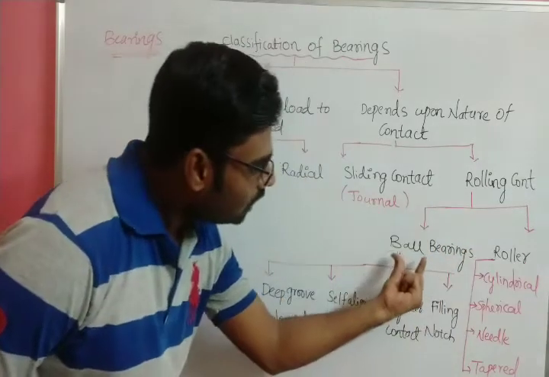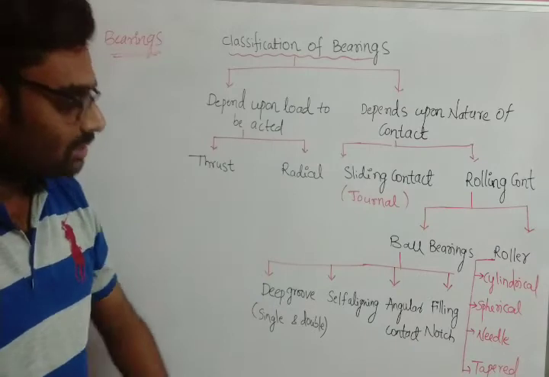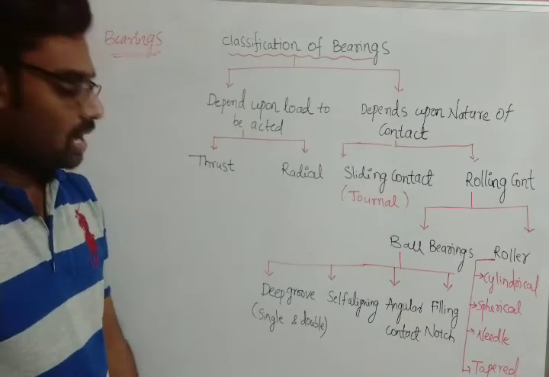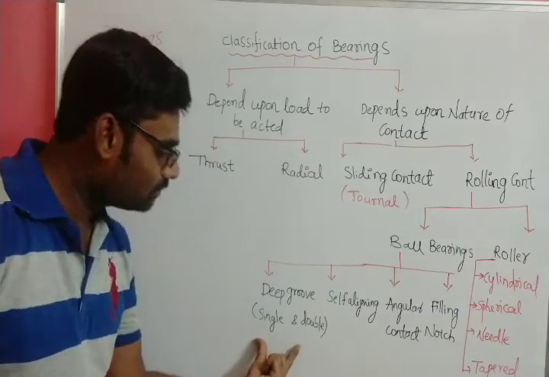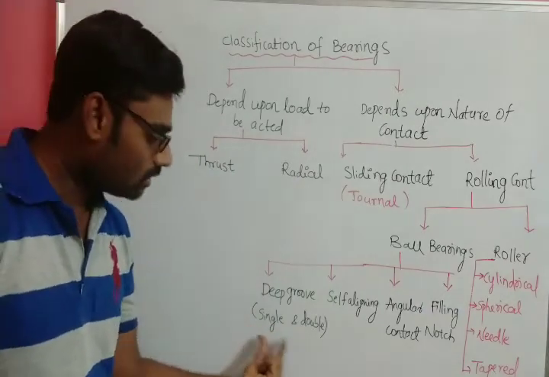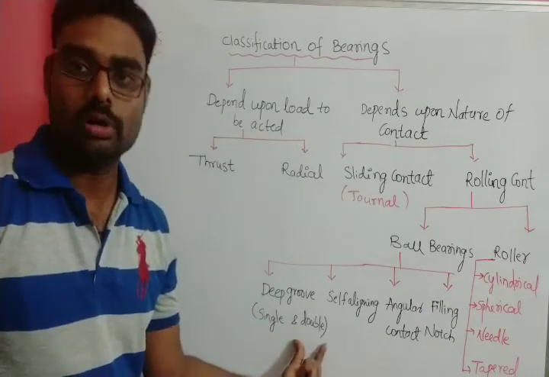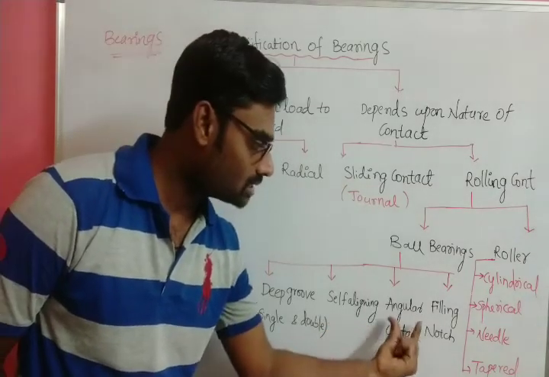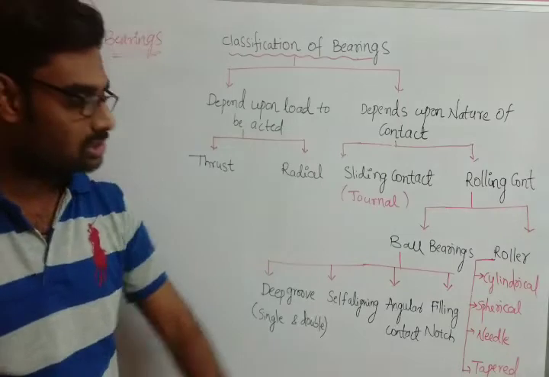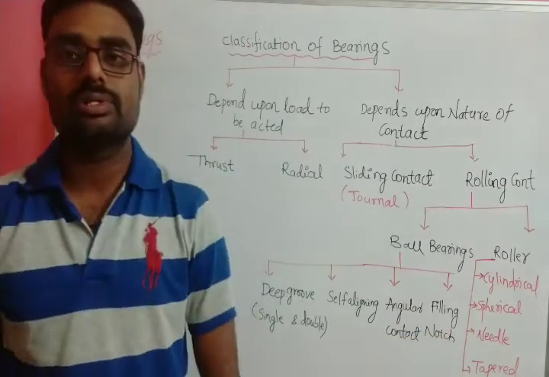Ball bearings are divided into four types. The first is deep groove, single row and double row ball bearings. The second is self-aligning bearings. The third is angular contact ball bearings. The fourth is filling notch bearings.